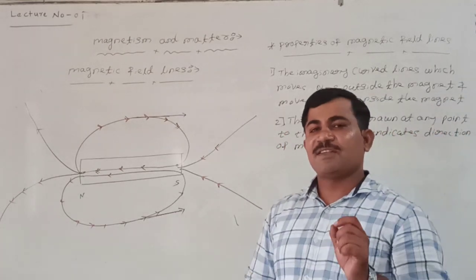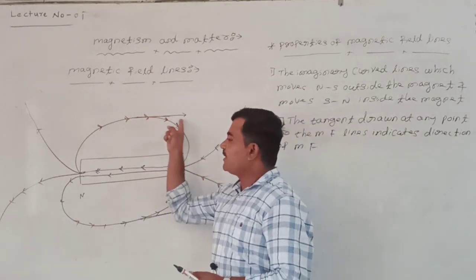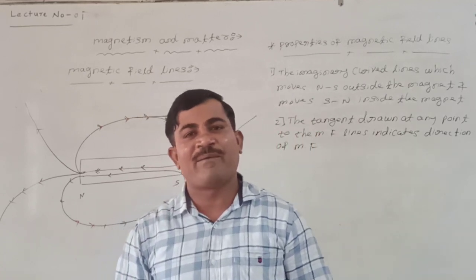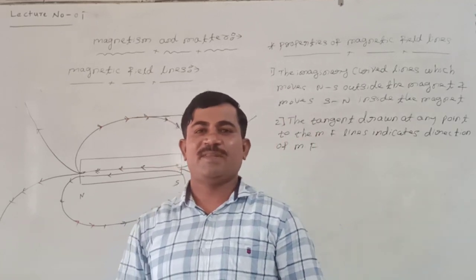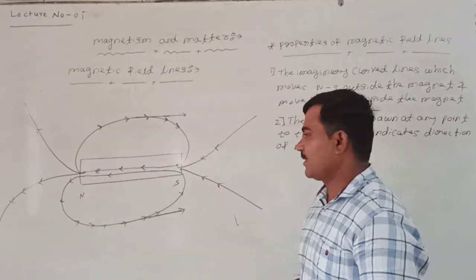The second property indicates that the magnetic field lines have a unit direction. Magnetic field lines have only a single direction. Magnetic field lines do not have double direction.